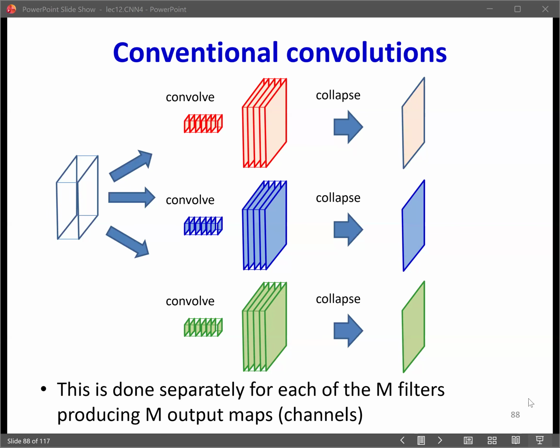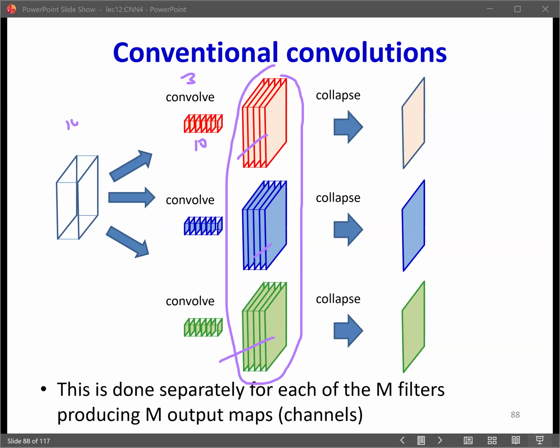This making sense? The numbers that I just gave you? If I have 3 filters and each of them has 10 channels, which means there are 10 input channels, so I'm computing 30 of these planes, which are being collapsed into 3 outputs. That's a lot of computation because I'm performing 30 convolutions, right? And I'm computing a lot of intermediate values.